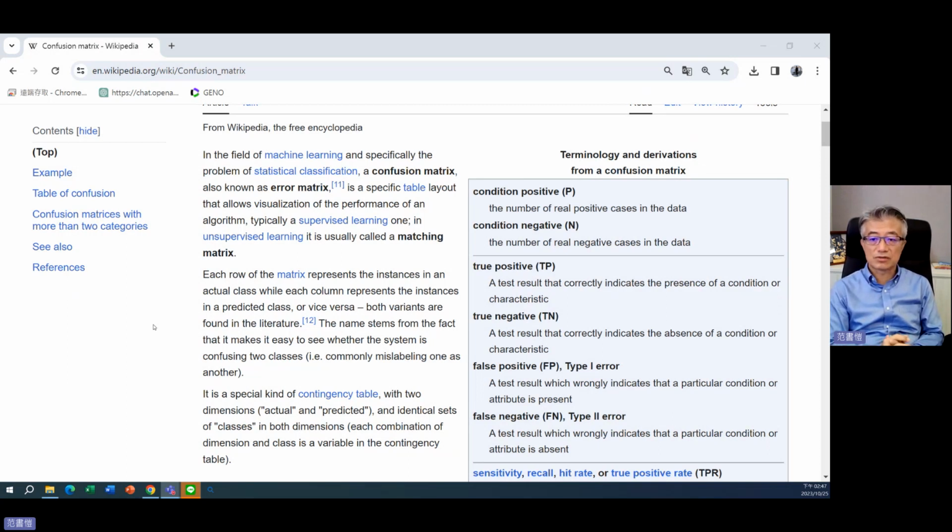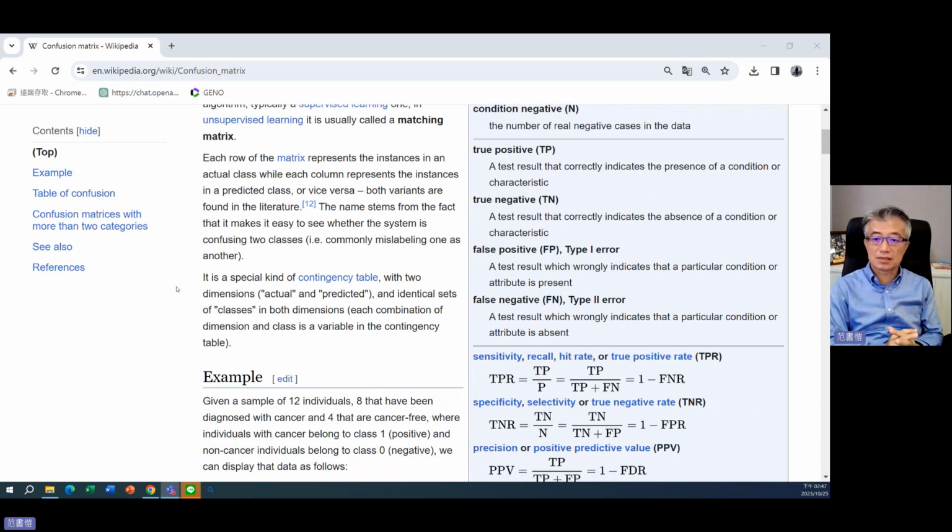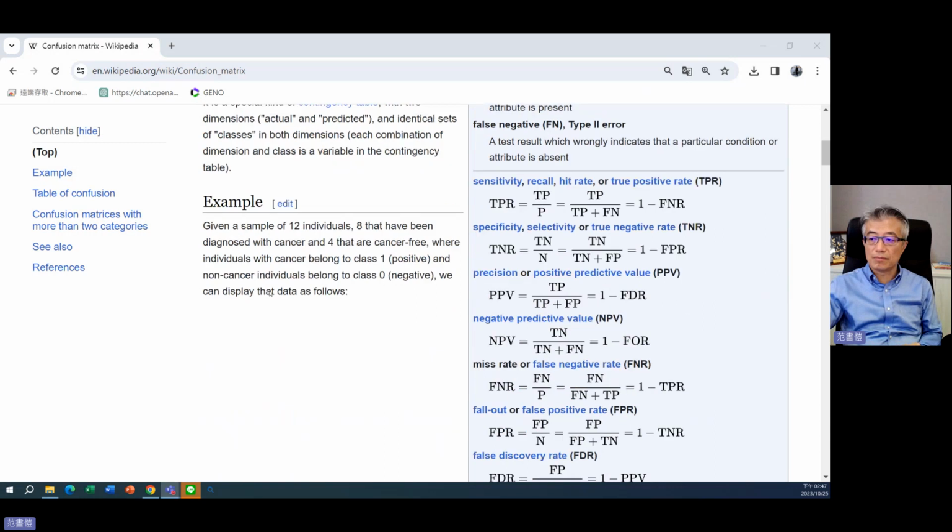So it is a special kind of contingency table, like doing multivariate statistics with 2 dimensions, actual and predicted, and identical sets of classes in both dimensions, with each combination of dimension classes a variable in the contingency table.